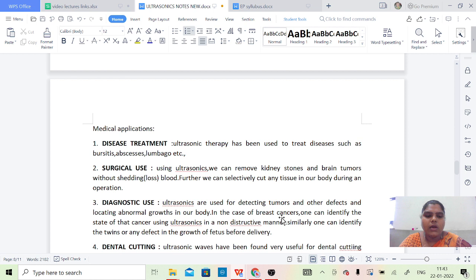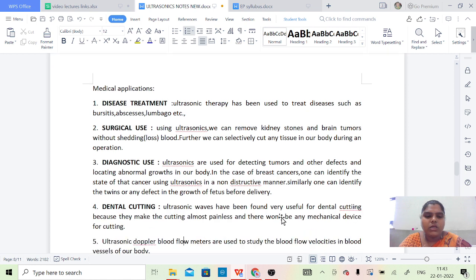And next, diagnostic use. Ultrasonics are used for detecting tumors and other defects and locating abnormal growths in our body, like brain tumors. In the case of breast cancer, one can identify the state of the cancer using ultrasonics in a non-destructive manner.